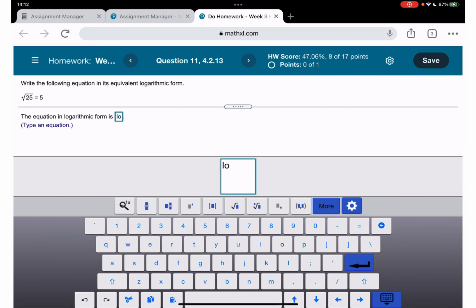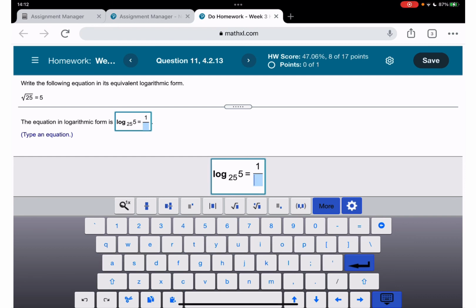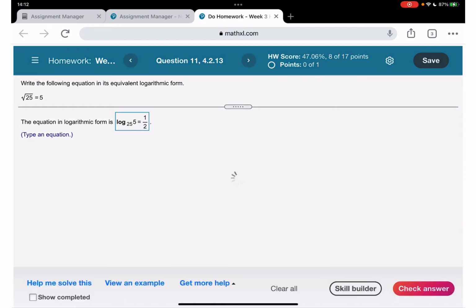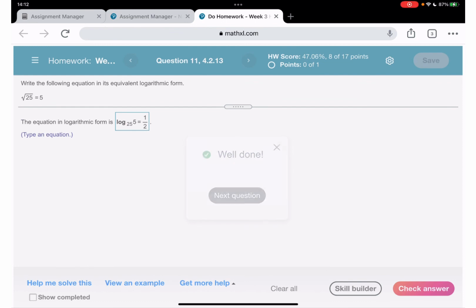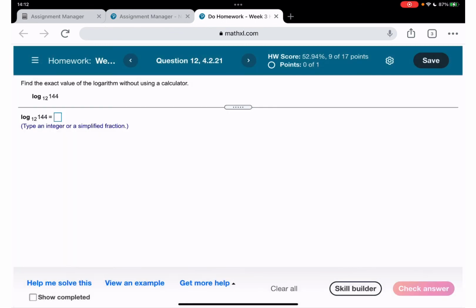Again, logarithm 25 of 5 is equal 1/2. Well done.